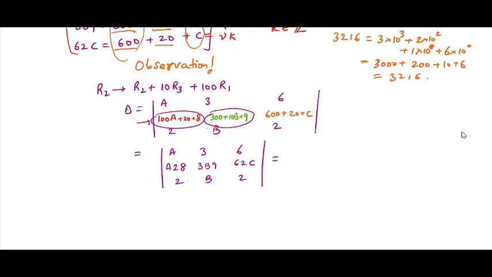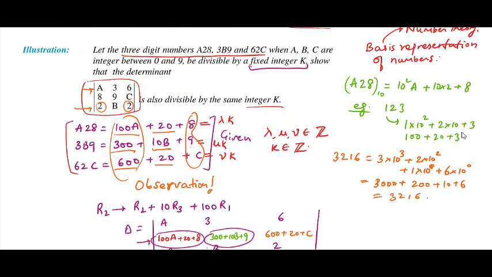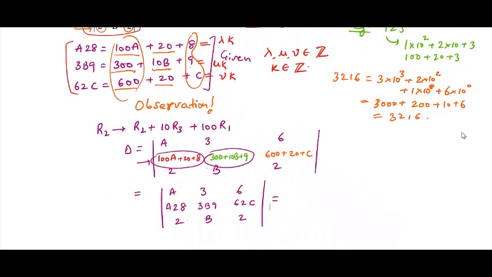And now we had assumed that this A28 is lambda times K, right?